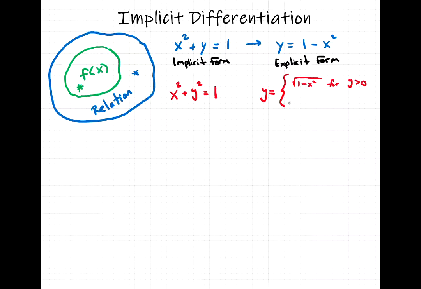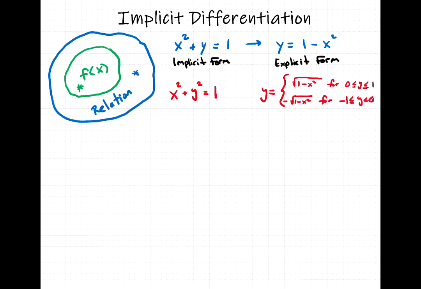Actually, we could be more specific and say for y values between 0 and 1, and negative the square root of 1 minus x squared for y values from negative 1 up to 0.